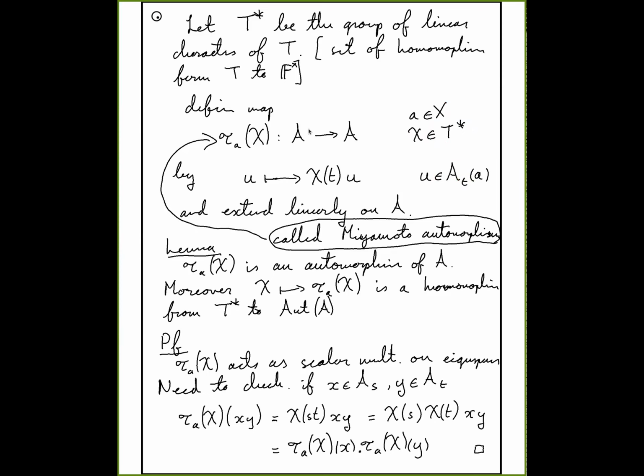So that is something in one of the eigenspaces where the lambda maps to this particular value t under this grading in the fusion law. So if I take something in this t-graded piece, then I'm just going to do scalar multiplication by the linear character applied to this value t. And this is what we call a Miyamoto automorphism. And it turns out that it is indeed an automorphism.